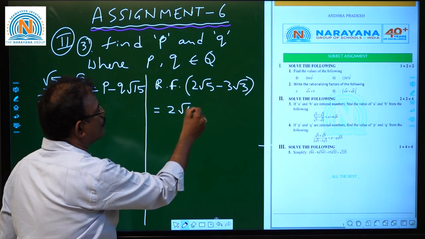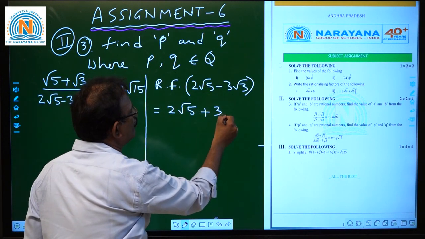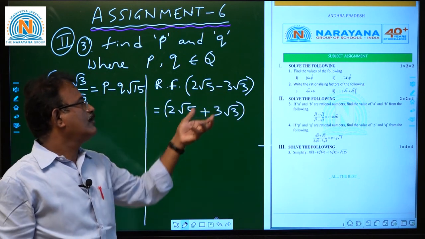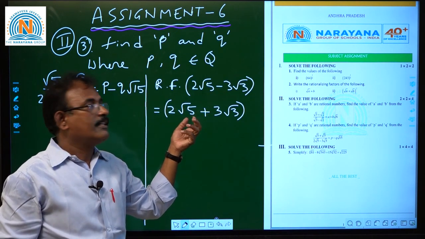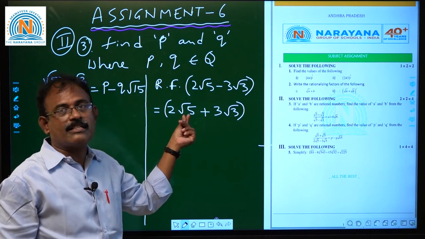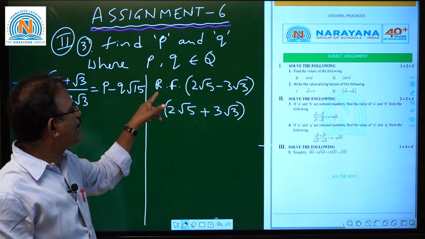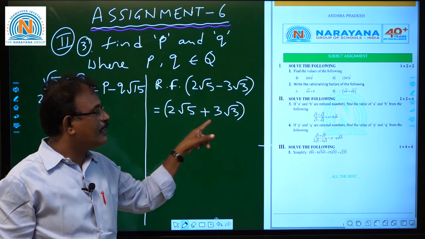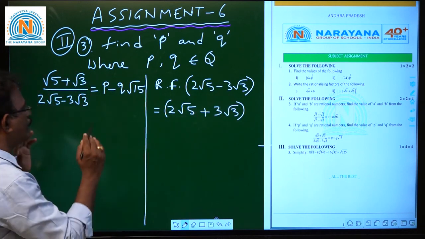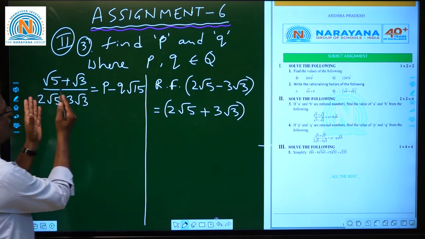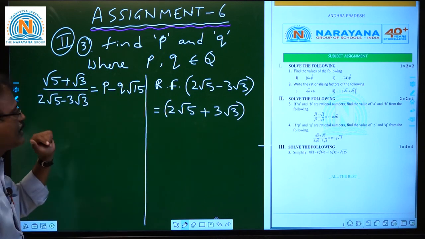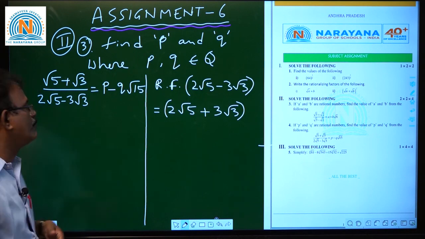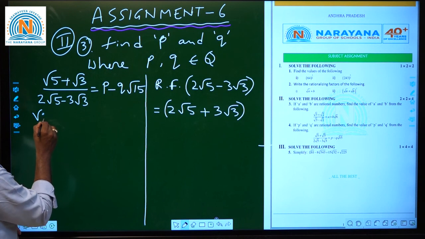As you know, (a plus b) into (a minus b) gives a square minus b square, where we are able to cancel the square roots. So what is the rationalizing factor of 2 root 5 minus 3 root 3? 2 root 5 plus 3 root 3. Therefore, if you multiply it with the denominator of the given LHS of the equality sign, we can cancel the denominator, we can rationalize the denominator. Let us see how it is.